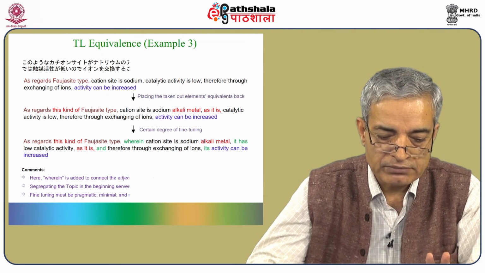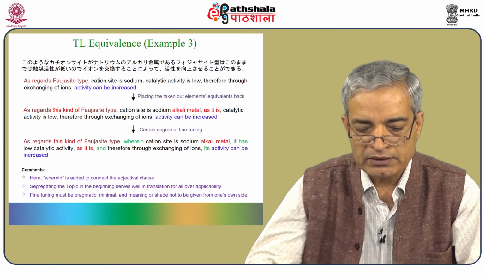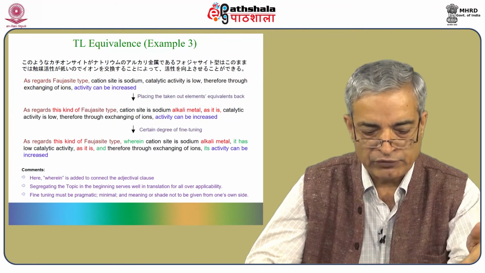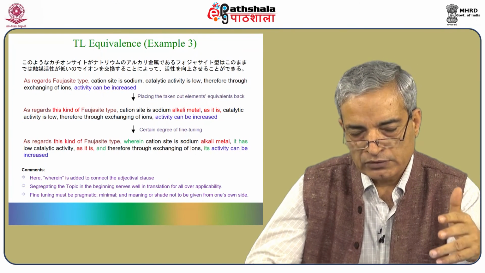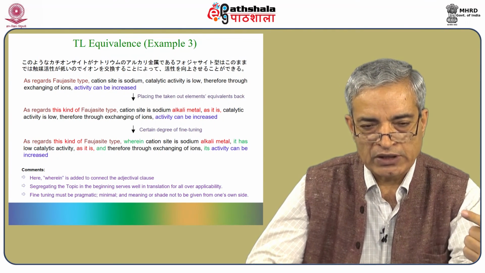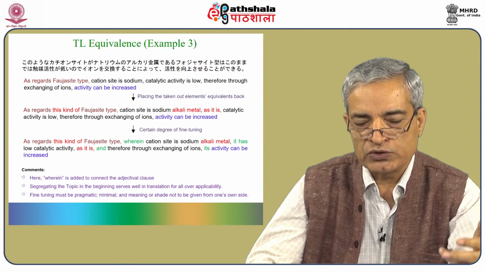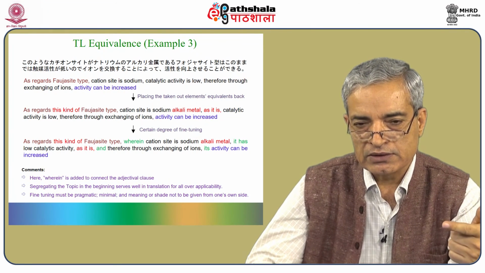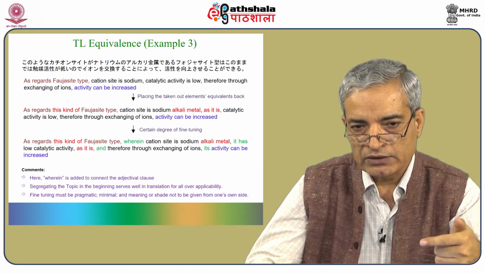The rules remain the same. The "wherein" has been added here. Topic segregation at the beginning is helpful, and fine-tuning, a word of caution for that, has to be done in a very pragmatic manner. Fine-tuning should not make substantial changes in the target sentence vis-a-vis the original sentence.